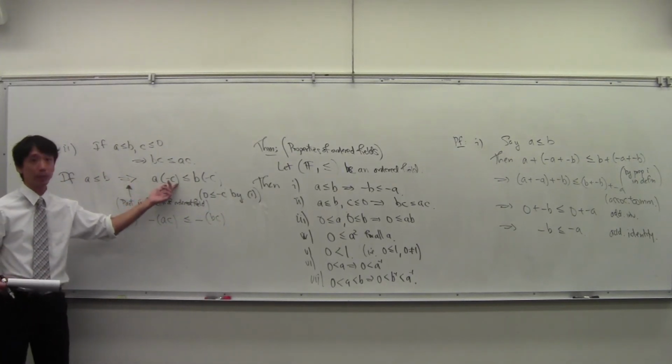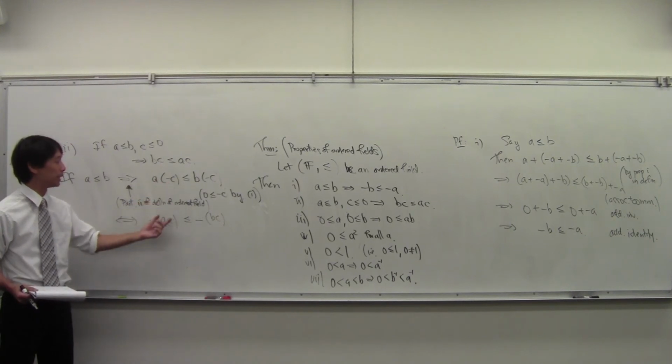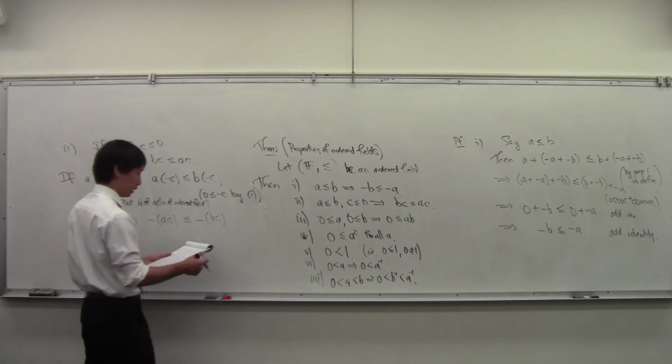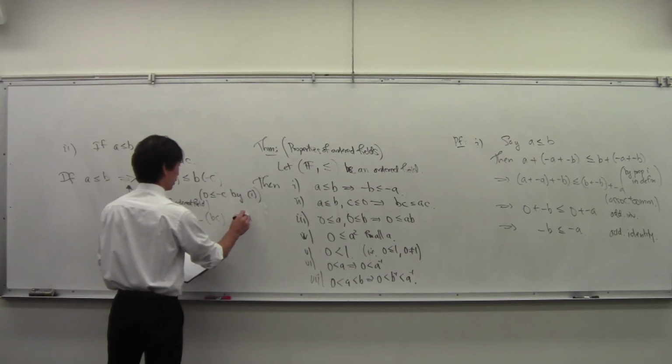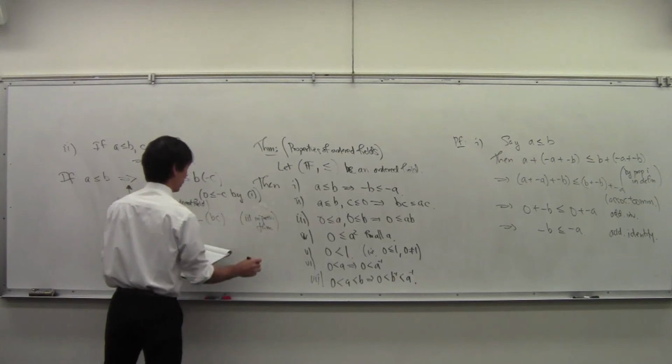And for this, we have to use the homework problem that 2 people put up, right? That A times negative C is the same thing as negative AC. This was 3 in the earlier theorem.